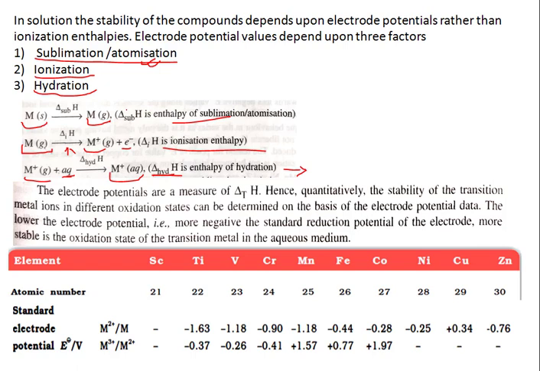Whereas in the first two steps, for sublimation we have to provide energy, so energy is absorbed, and for removing that electron, again energy is absorbed. But in the third step there is release of energy. So if the magnitude of the hydration enthalpy is more, the value of electrode reduction potential comes out negative.